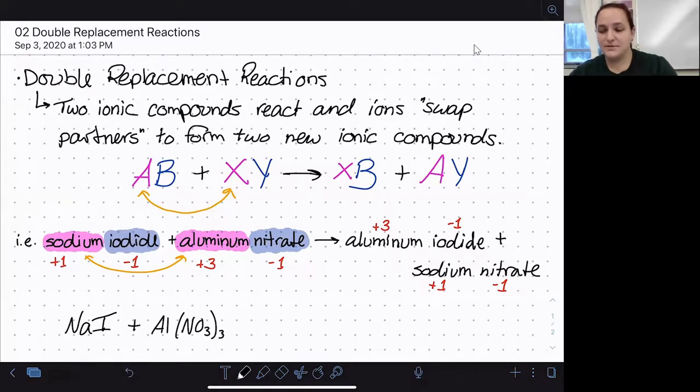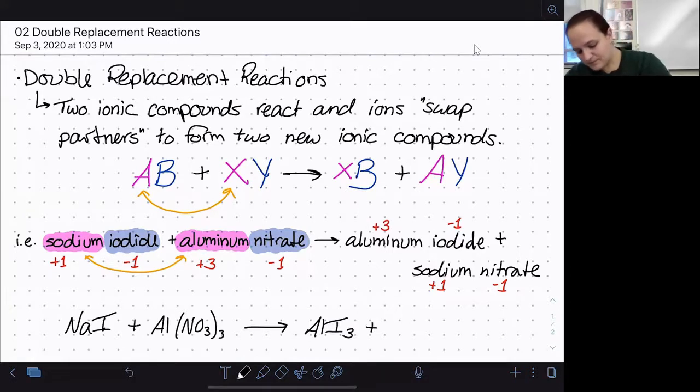And since nitrate is a polyatomic, we'll put that in parentheses to indicate that this whole ion, there are 3 of, and put the subscript after. And then on the other side, aluminum iodide is +3 with -1. So we'll need 3 iodides for every 1 aluminum. And then sodium nitrate is +1 -1, so 1-to-1 ratio is great.